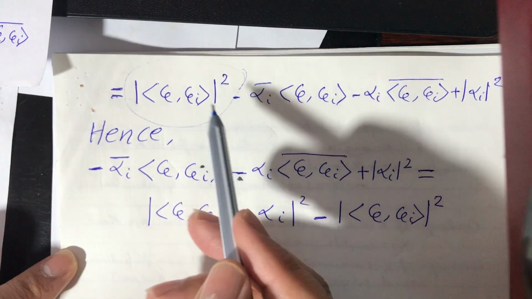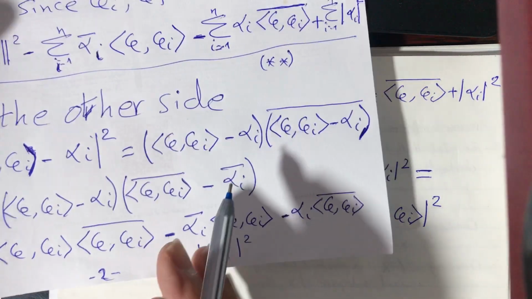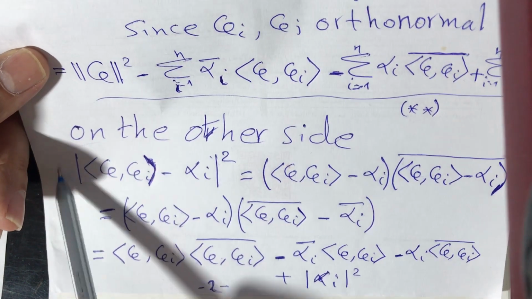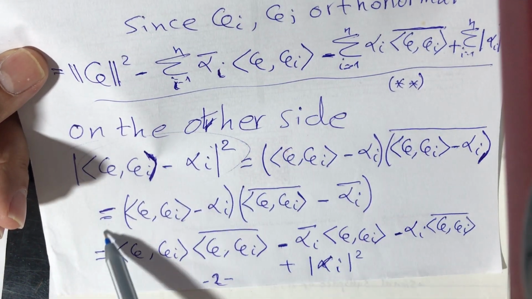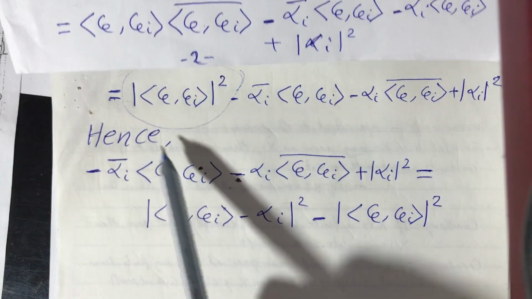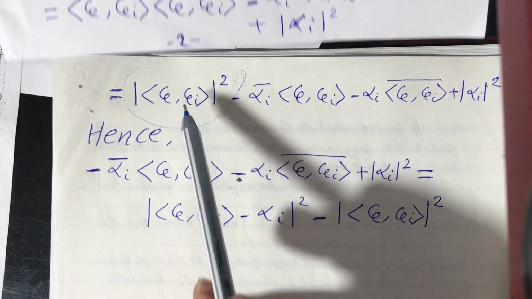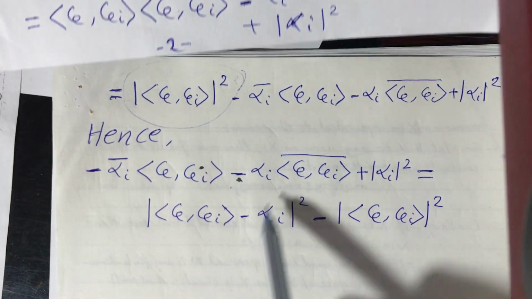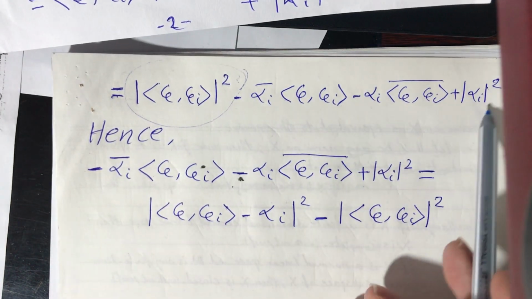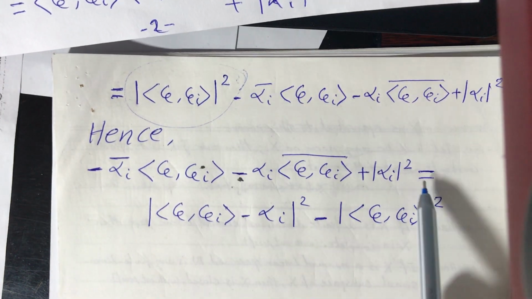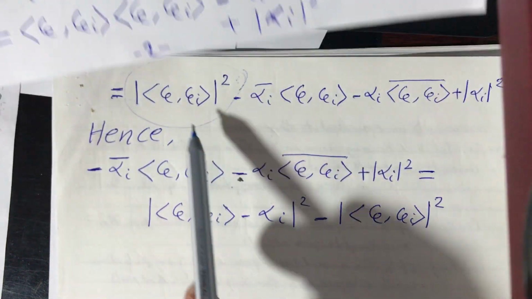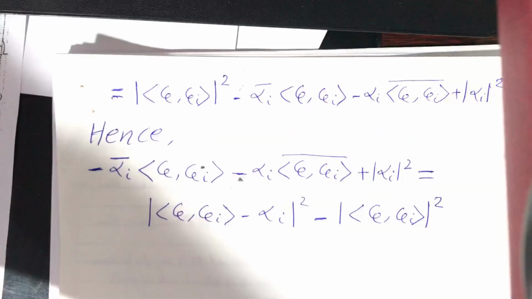We move this to the other side. Remind you, we start from this and all of them equalities, and here is the last equality. Just move this here, so now this is equal to this minus this. This is clear.